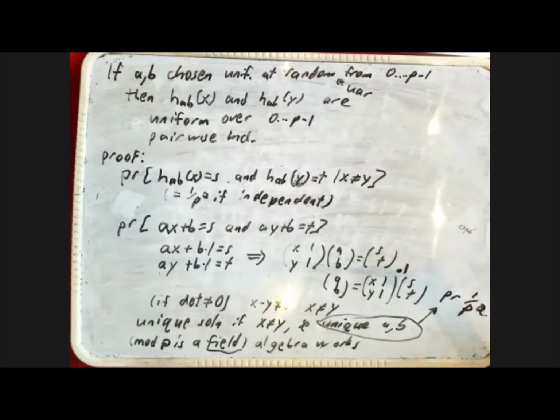And that means that we have an expected load of 1 or of a constant. And so we have constant time lookup, insert, and delete, as long as our table size is larger than N.